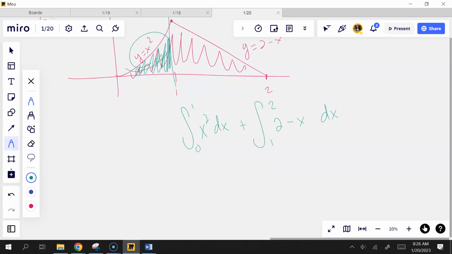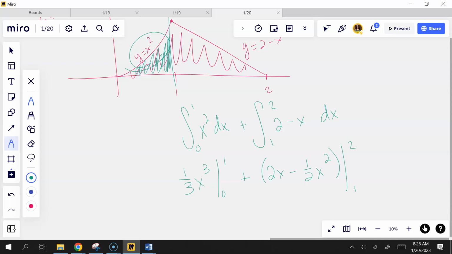So antiderivative of x squared is, yes? But I'm going to evaluate from 0 to 1. And antiderivative here, and that's just a polynomial, so 2x minus 1/2 x squared, evaluated from 1 to 2.